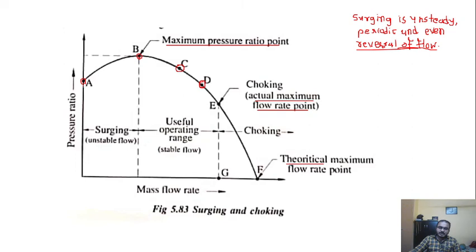However, there are chances that this shifting or this reversal may become a periodic one, which is nothing but the surging phenomenon. And this is the surge region. This entire part is the surge region.